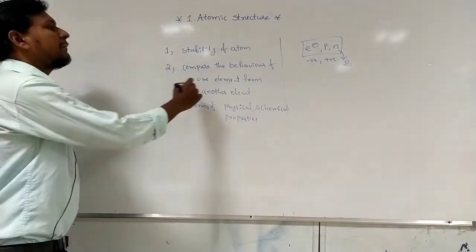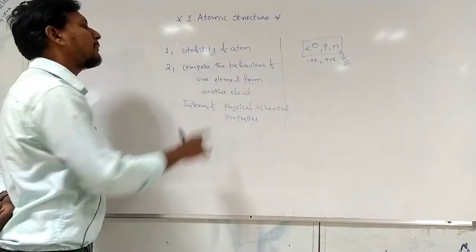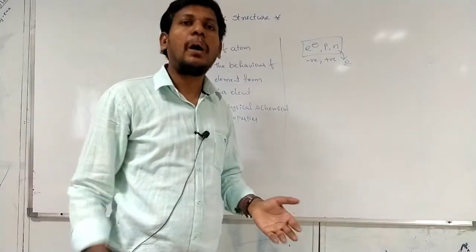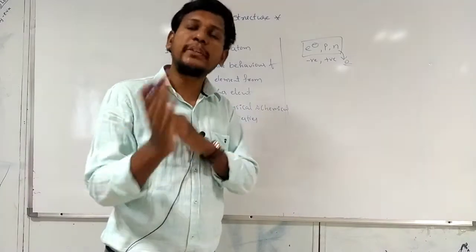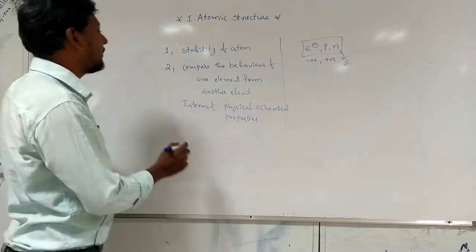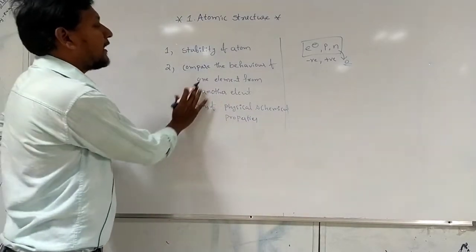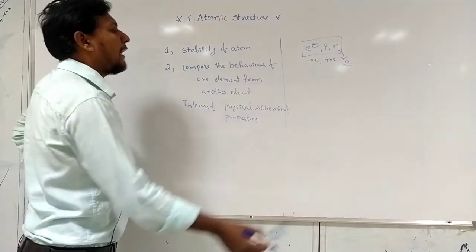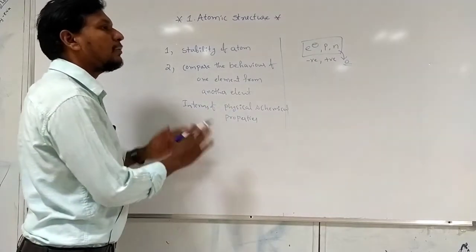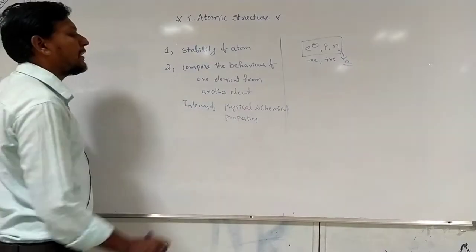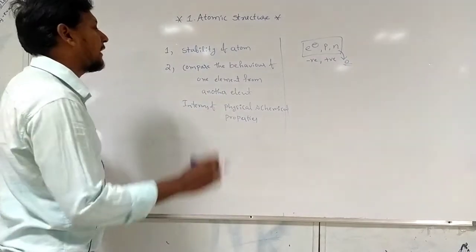How can we differentiate one element from another? One element has some chemical property and another element has a different chemical property. How are the chemical properties of both differentiated? That explanation is a difficult one.